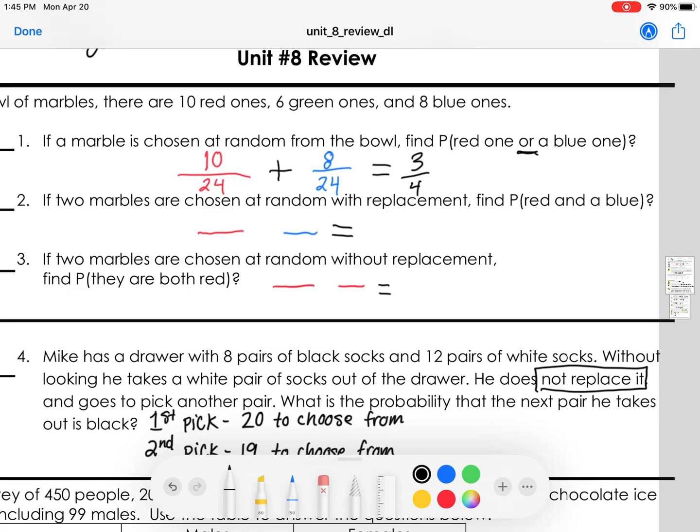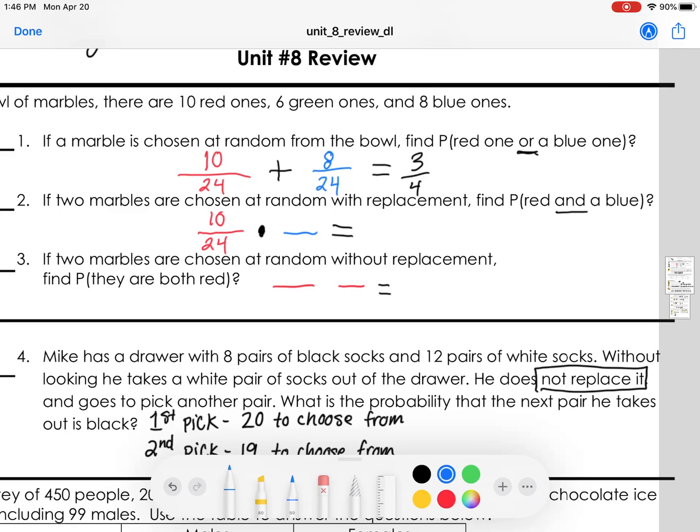In number 2, if 2 marbles are chosen at random with replacement, meaning I draw one, record what it is, and put it back in my bowl of marbles, I'm going to find the probability of drawing a red and then a blue one. And means multiply because this is a compound event: more than one thing is happening right after the other. I have a 10 out of 24 chance that I pick a red marble at first.